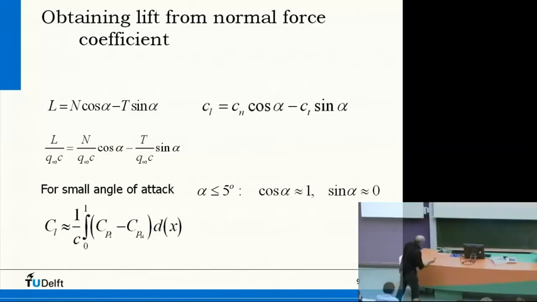And for small angles, cosine alpha is about 1 and so on. So then Cl is about Cn. So for very small angles, and generally you have that when you talk about airfoils in wings, the angle of attack in cruise is not so far off from very small angles, because there the CD is low.